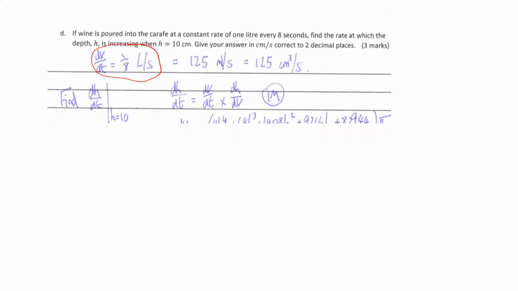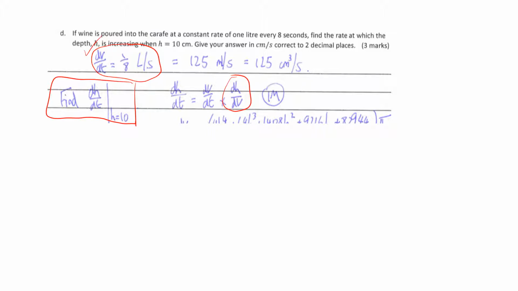Now, what we need to do is find the rate at which the depth is increasing. So find dH/dt when H is equal to 10. That's our objective. We're given this, and we need to find dH/dt. What's the missing link? It's a link between volume and depth, which we've actually established previously in the question.